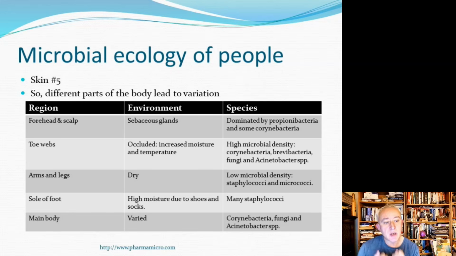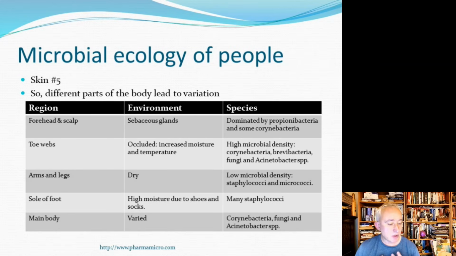Between the toe webs, we've got this great diversity, and here we find some gram-negatives that have an association with the human body, particularly actinobacteria. And also we're going to find a lot of fungi. So the greatest concentration of fungi on the human body is on the feet.